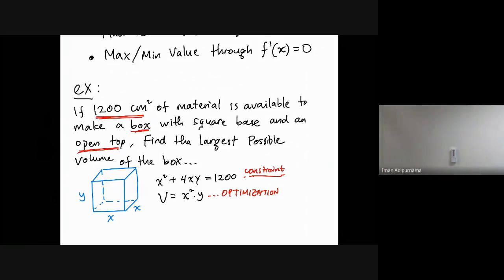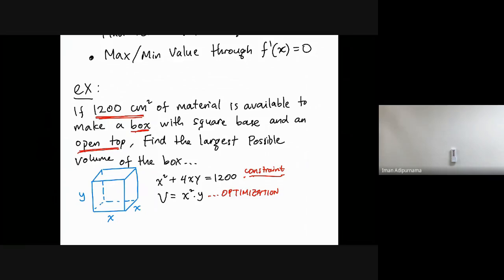Like I've written before, if you want to optimize, you need to derive and set it equal to 0 to check the critical point. But here we have volume, the function that we need to find, the model, and you now have two variables here, x squared and then y.